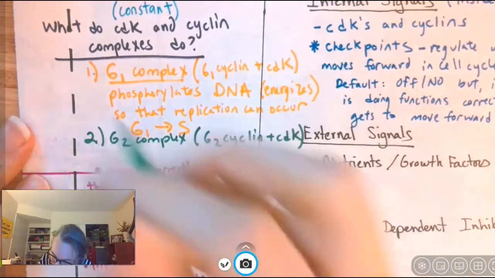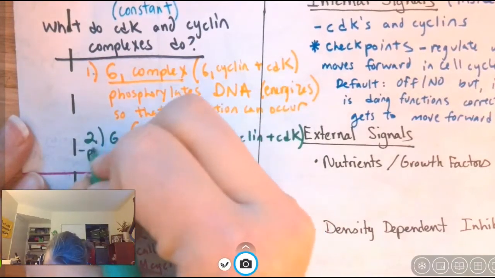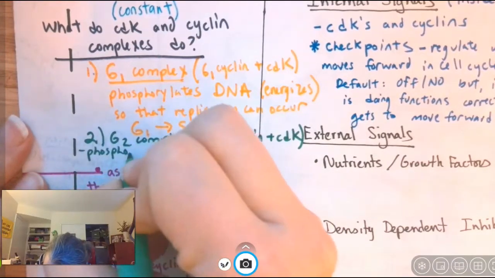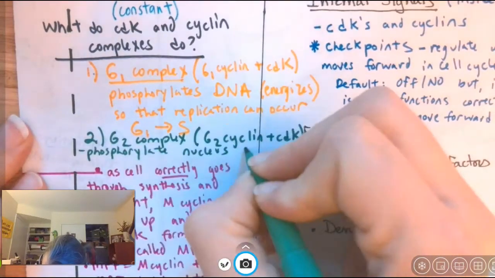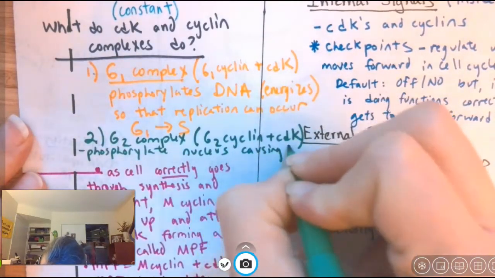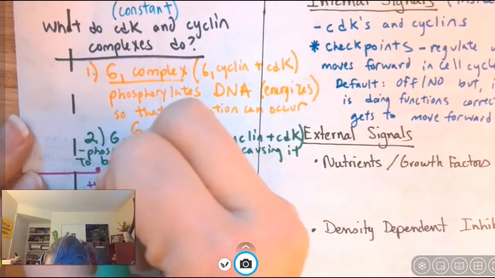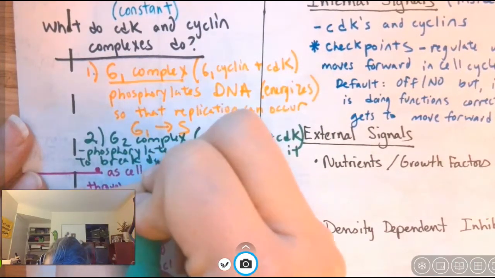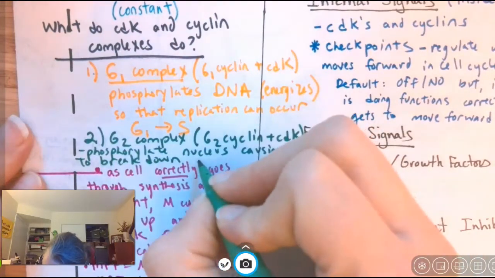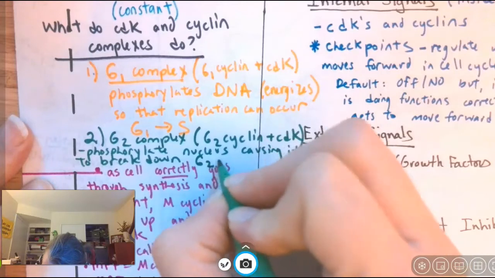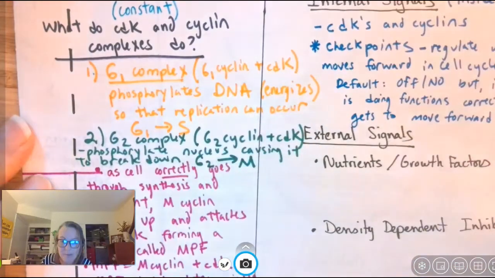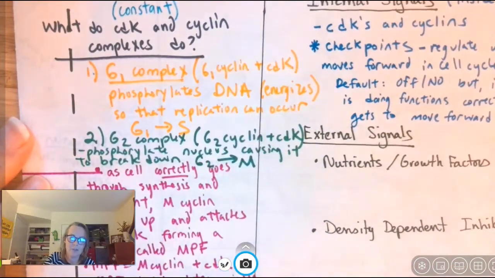The G2 complex is going to phosphorylate the nucleus, causing it to break down. And this is going to push the cell from G2 into mitosis. Let's look at my cell so I can show you what this looks like.